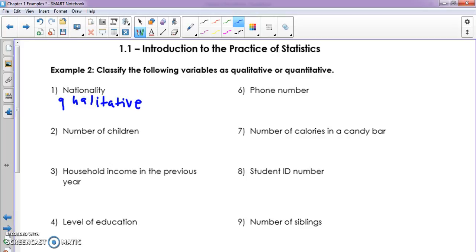Here we're looking at a quantity, so that is quantitative. We can say that Sally has 3 more children than Johnny. Household income in the previous year. Again, this is going to be quantitative.